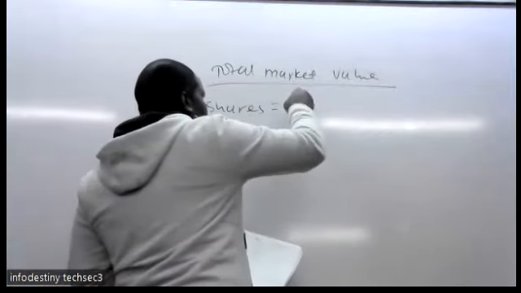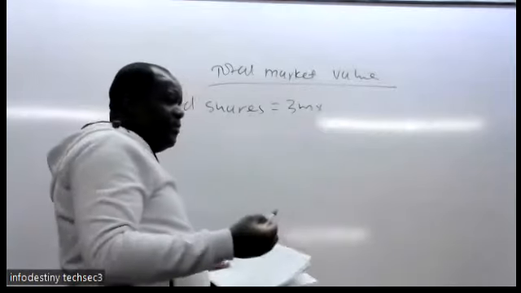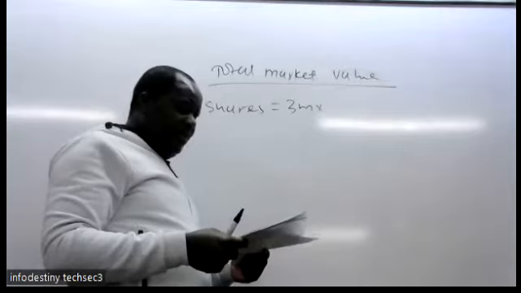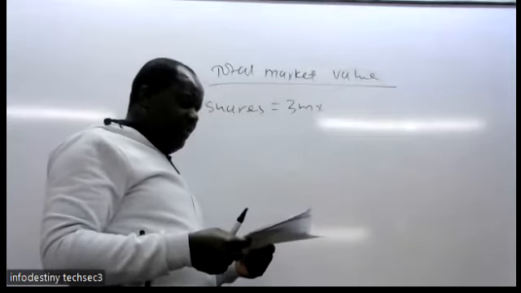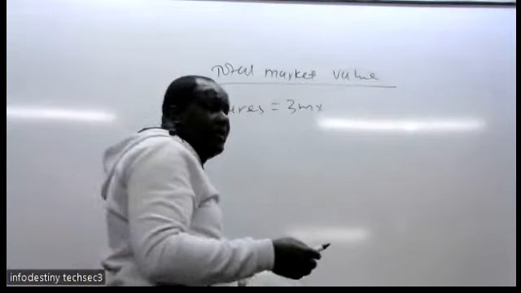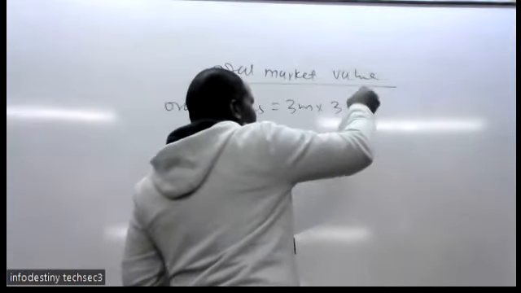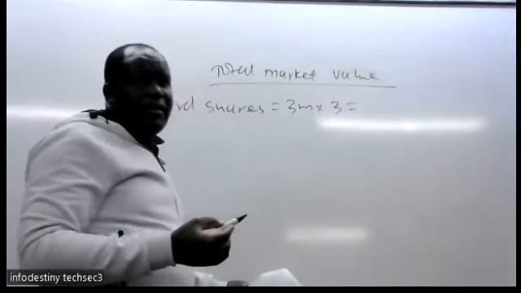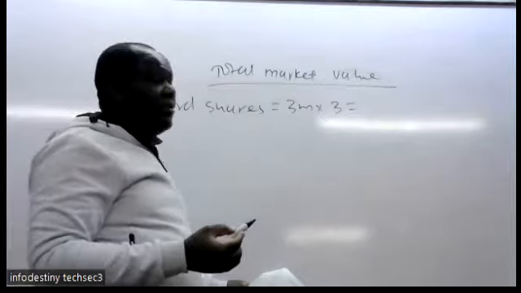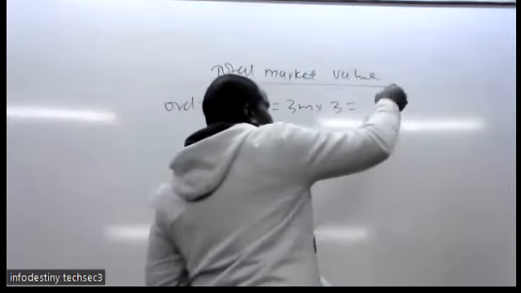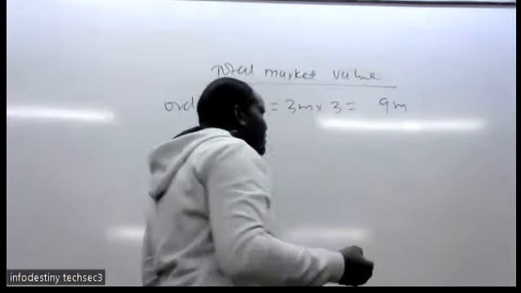So you take the 3 million multiplied by the price per share in note number 1, which is 3 shillings. When you multiply, that gives us 9 million.